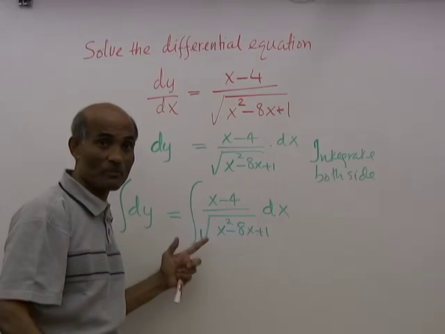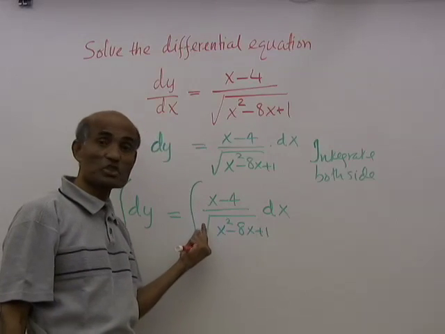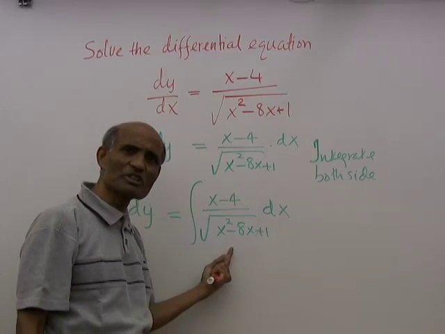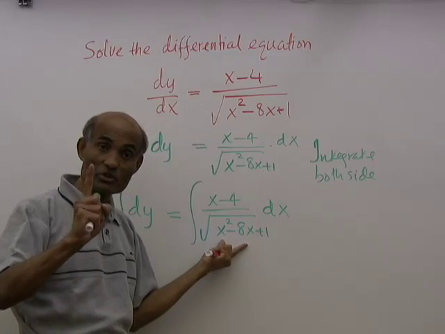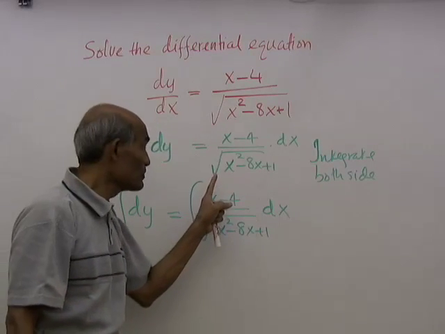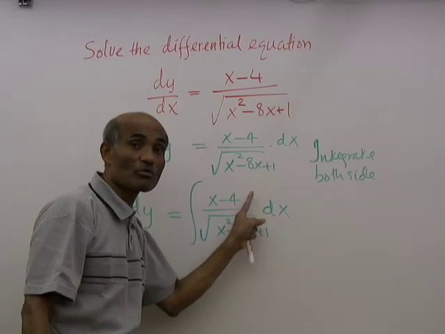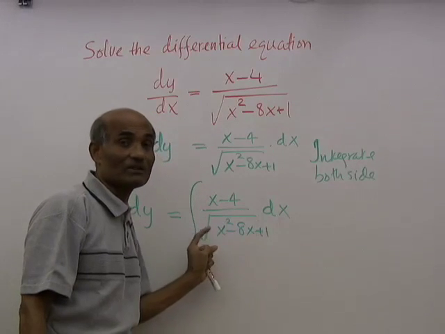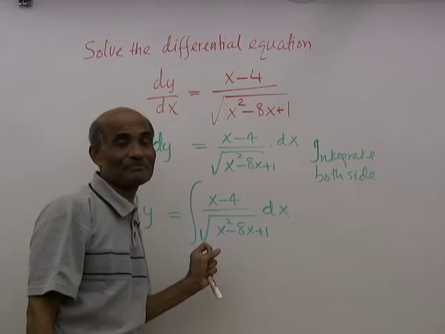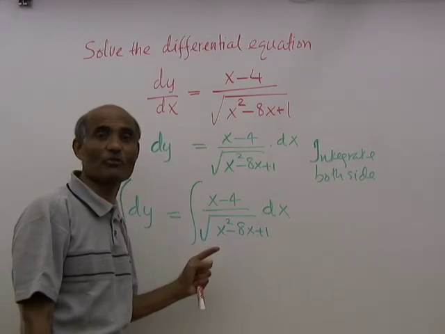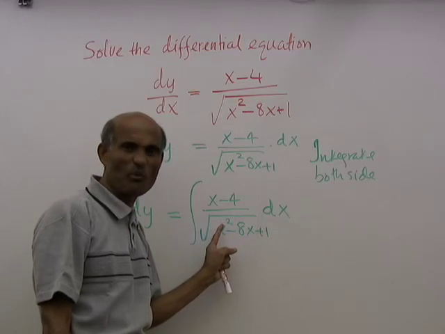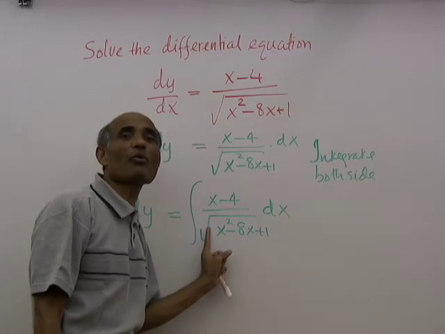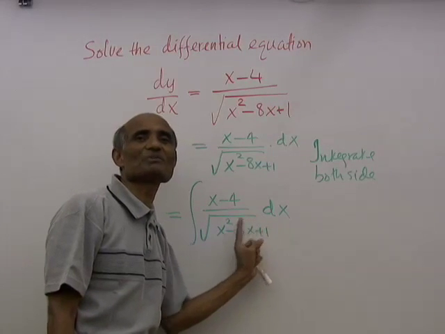I want you to stop the video now and look at this and say, what substitution can we make here so that using the substitution, we should be able to replace the remaining quantity? Well, I have already answered the question for you. Most of the time, our substitution will be the quantity inside the square root sign.